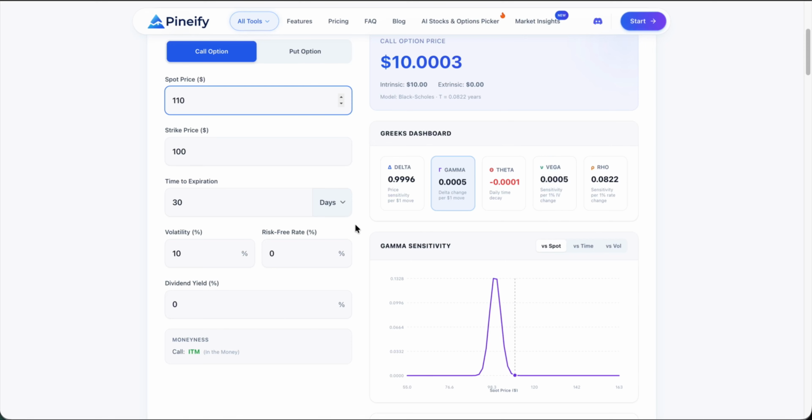And as before, we are going to use 4 different levels of volatility: 10%, 20%, 50%, and 100%.